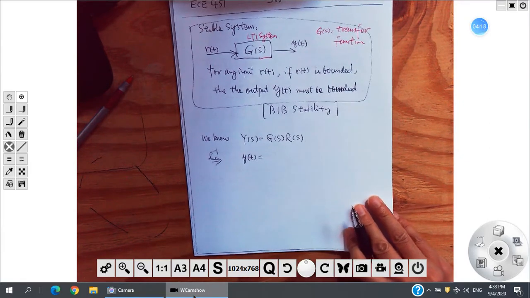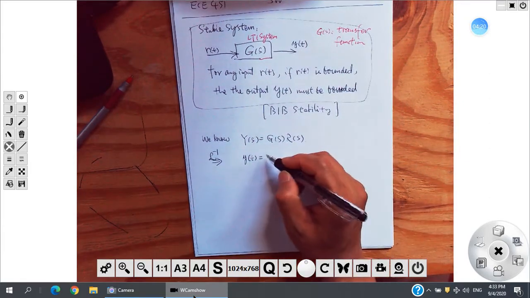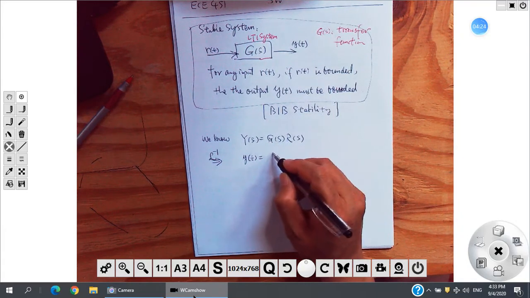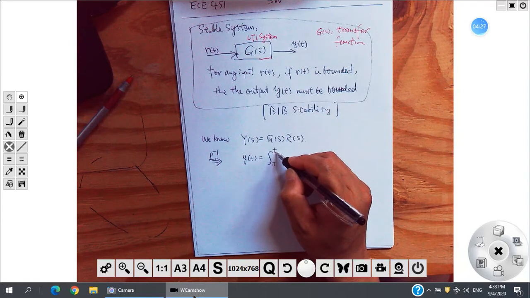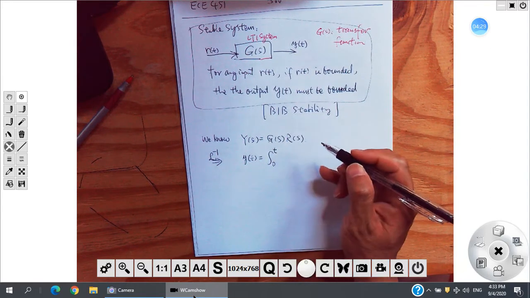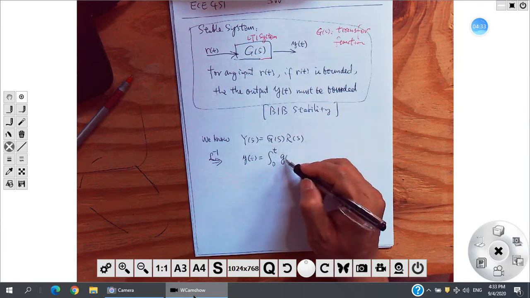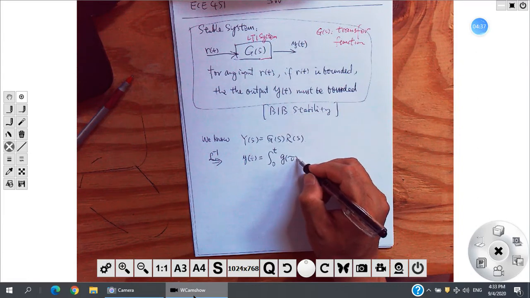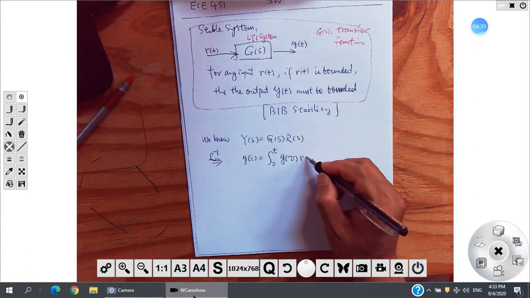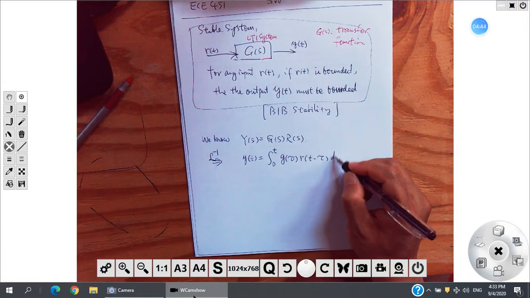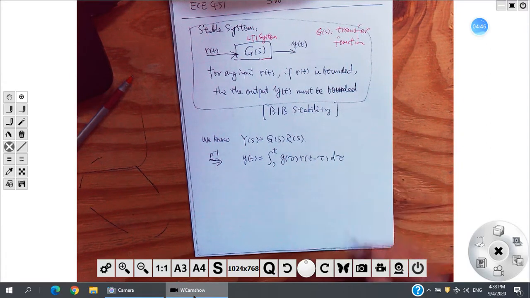So this is a convolution of these two in the time domain. There will be 0 to t, and here I put g of t in front. G is here, but this is not t. I use another variable tau, and then r of t minus tau, d tau, right? We have this.